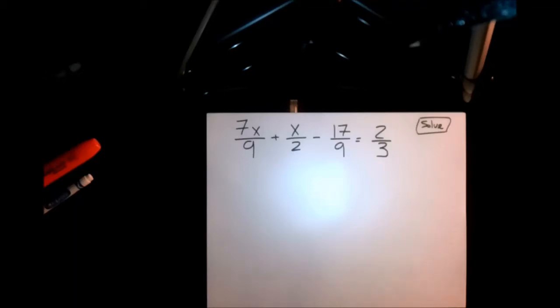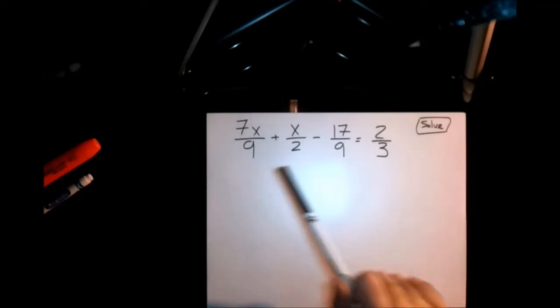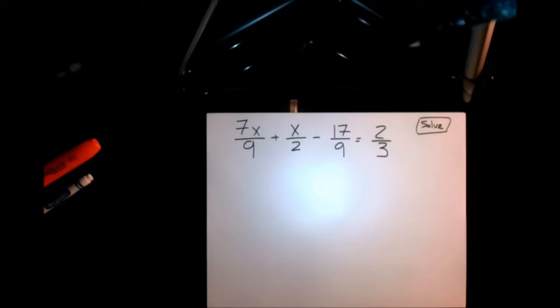Now, one way you can find the common denominator is to multiply every single denominator, and you'll get something that's common for sure. But here, 9 times 2, that's 18, times 9, that's big, times 3, that's even bigger. You're talking about one of those big, chunky denominators.